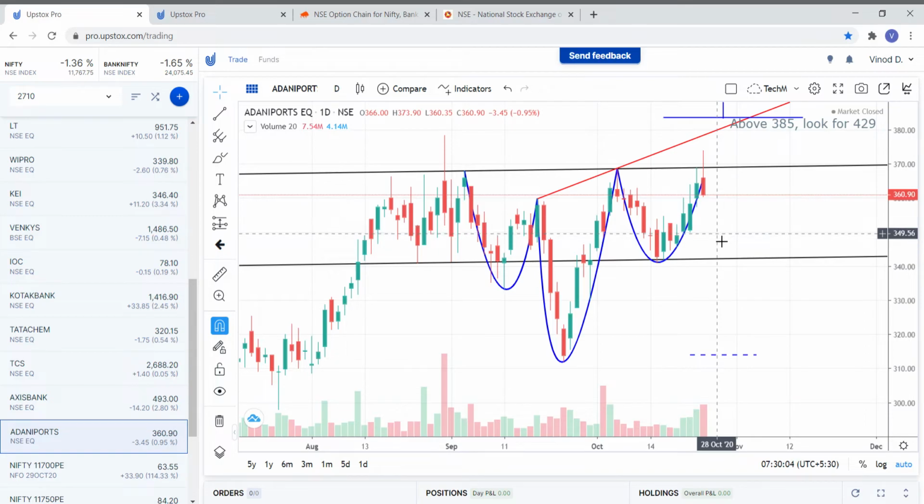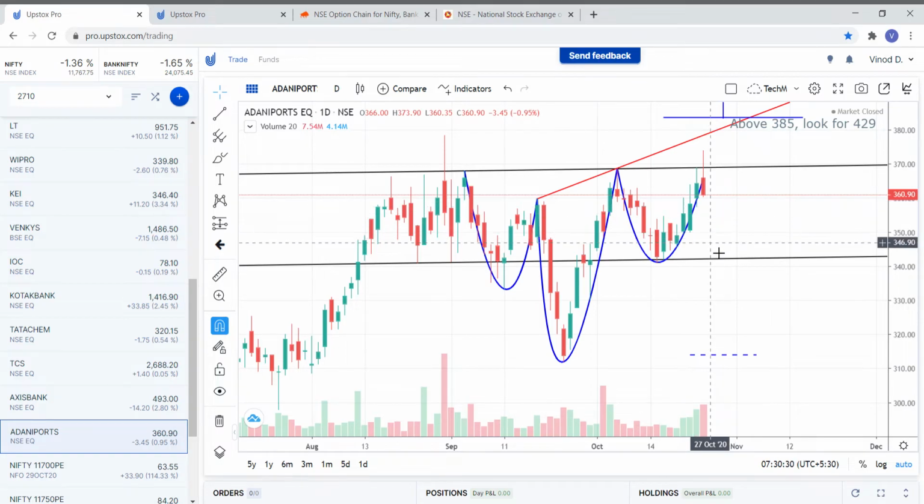If we break 350 as well, you can watch out for the target of 342, which is the base or the support of this channel formation which we have. Below 358, you can look for the target of 350 to 342, and keep trailing your stop losses when you start to get into profit.